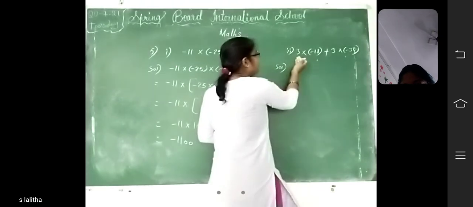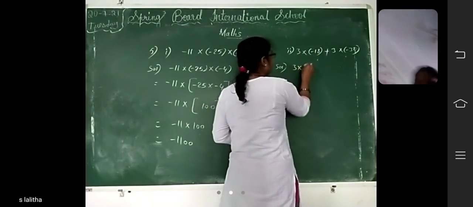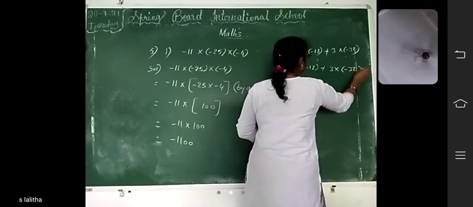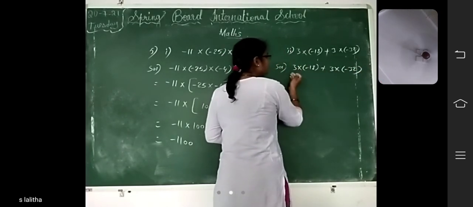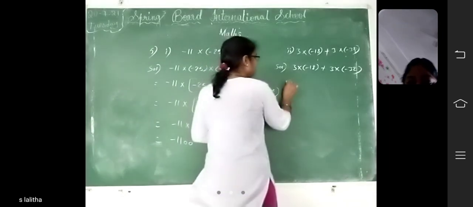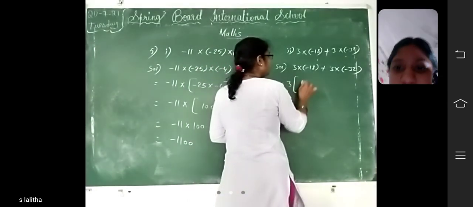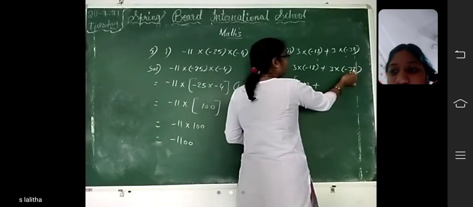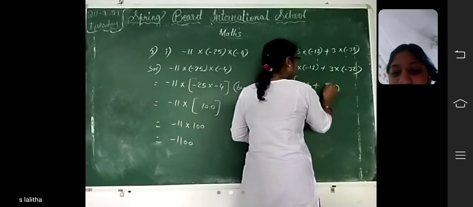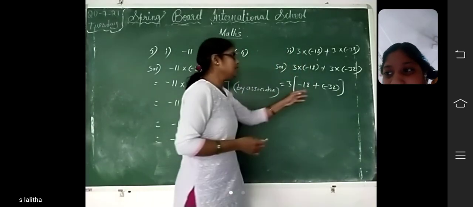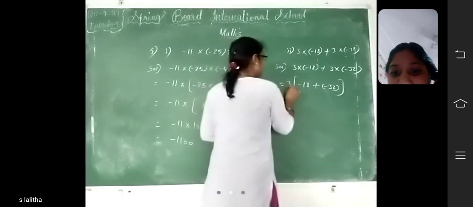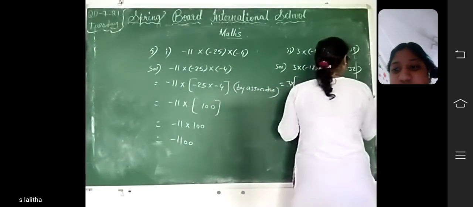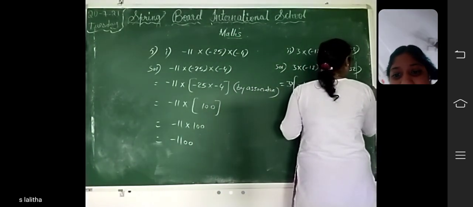Like that, second one, see children. Here, observe, both have 3 into minus 18 plus 3 into minus 32. Both have 3 as a common number. So take 3 as common. What is the number remaining? Minus 18 plus, here what is the number remaining? Minus 32. Now it is in the form of distributive law.